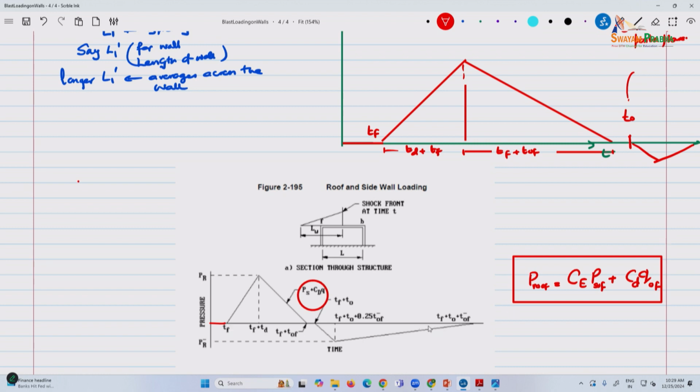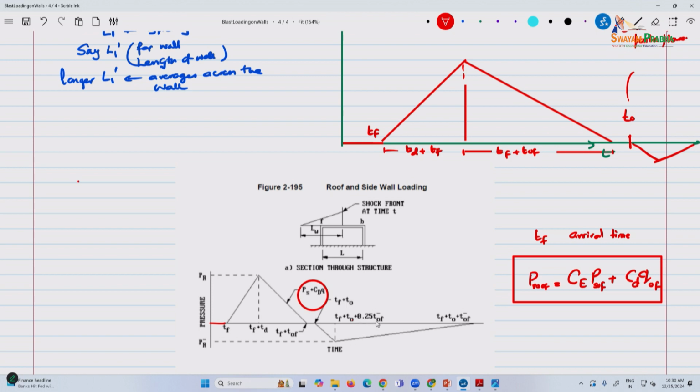And what you have here again is TF, arrival time, T naught is the positive phase duration. So TF arrival time. I know it can be a little confusing, we've used TD, TA and things like that.